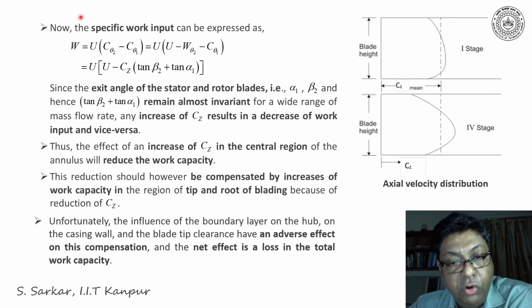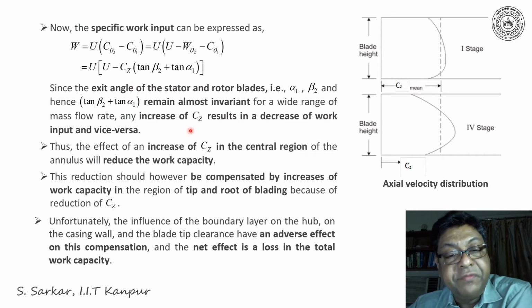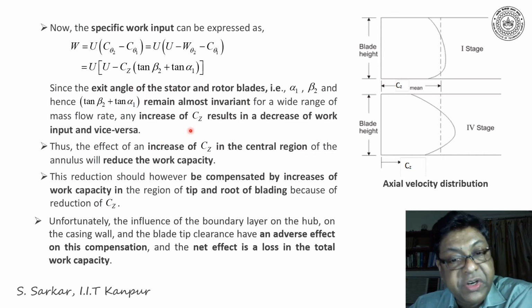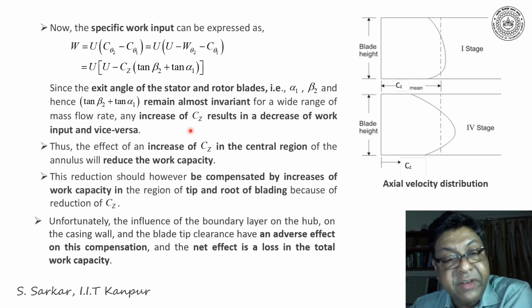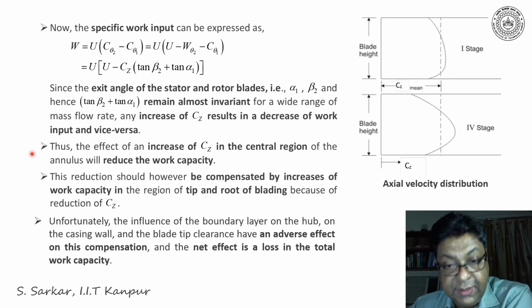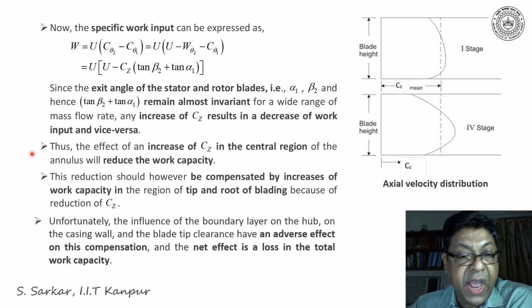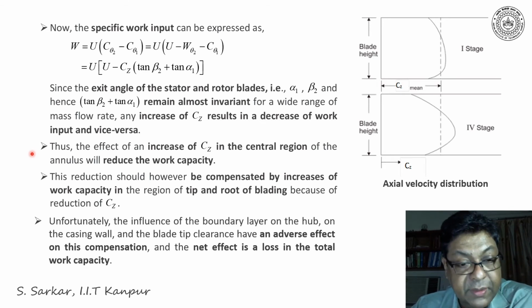Thus, following this equation, an increase of Cz would result in a decrease of work input and vice versa. Thus, the effect of an increase of Cz in the central region of the annulus would reduce the work capacity.